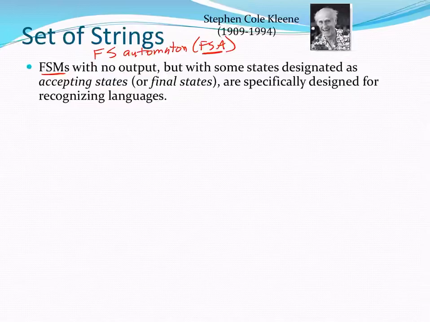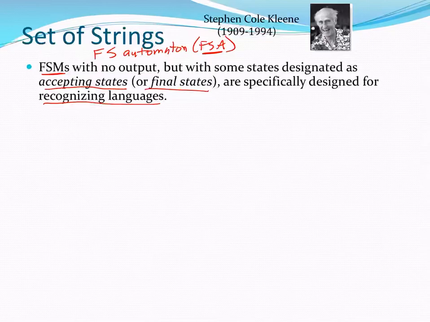But what it does have is what are called accepting states or final states that are designed for recognizing languages. So with an FSM, we recognize a language by always having an output of 1 at the end of a word. With an FSA, we will recognize a language by the words in that language ending in a final state or an accepting state.